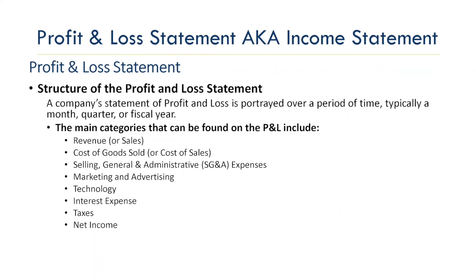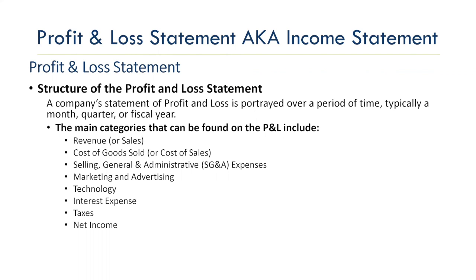The structure of it starts, again, like always, with revenues. And then for certain industries, you might have a cost of goods sold, but that's mostly for product industries, some type of business that sells a product. Then you're going to have all your regular expenses like payroll, advertising, rent, taxes, interest expense on loans you might have for your business.